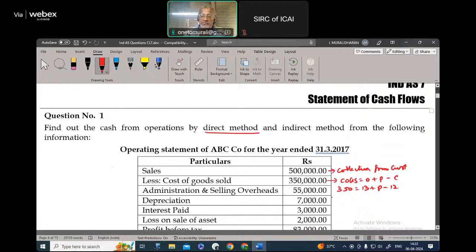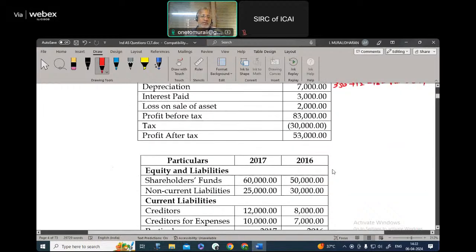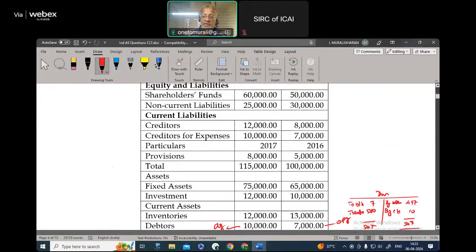So we are expected to take 350 plus 12 minus 13 equal to purchases. So that is going to be 349. With the creditors figure that you take up, by balance brought down 8 and to balance carried down 12, and by purchases 349, 357, and 345 to cash.